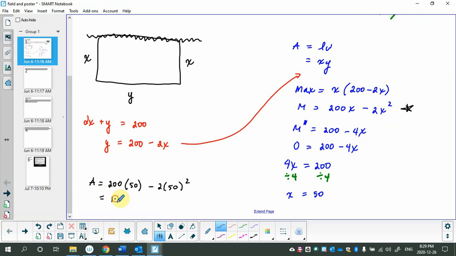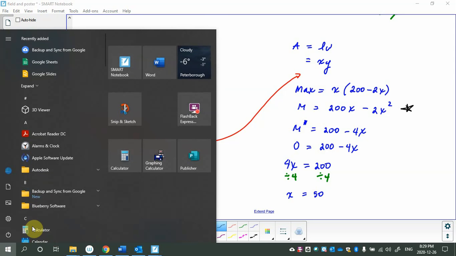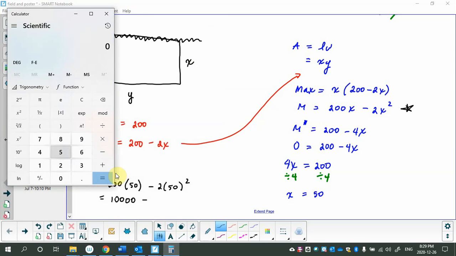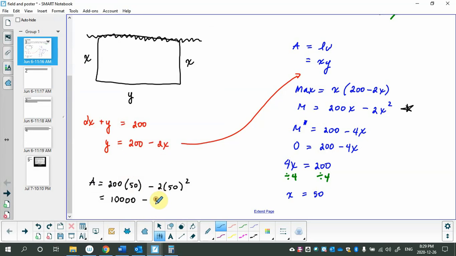So that's 100 and 2 zeros minus... I don't know why I closed my calculator. 50 squared times 2 is 5,000. So the area is 5,000.